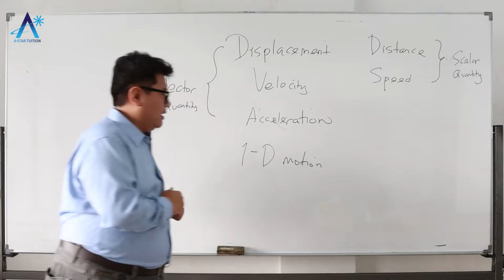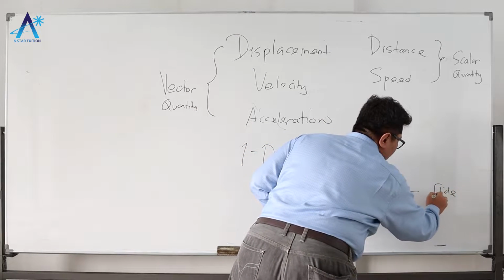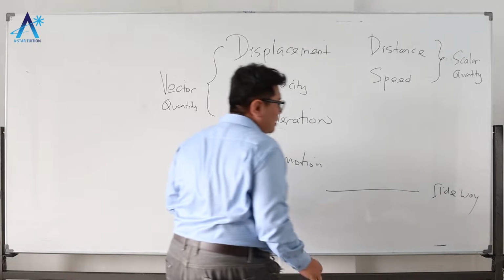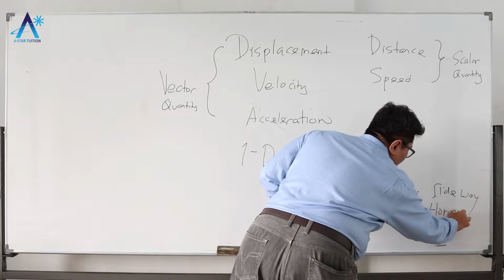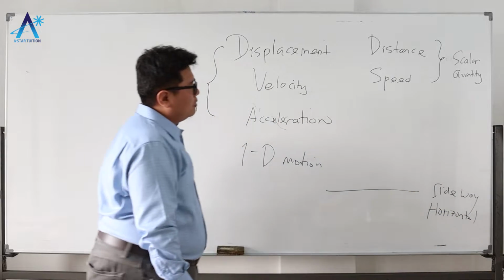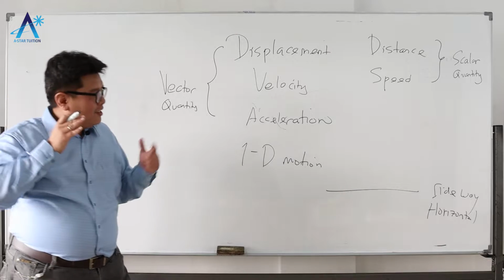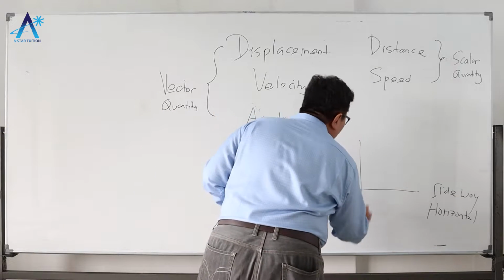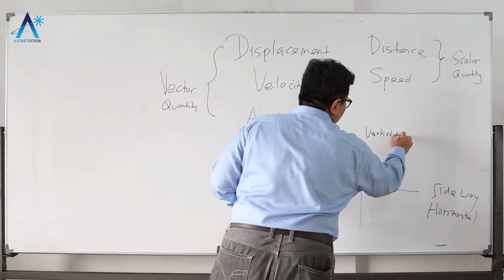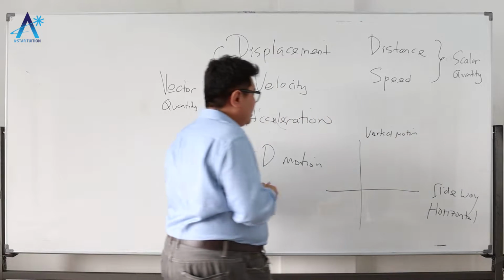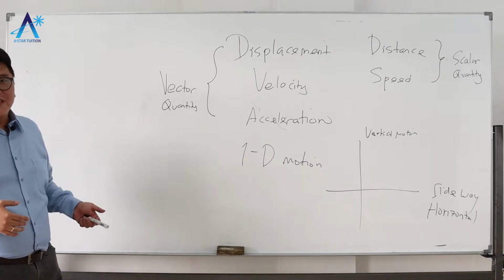For instance, sideway motion, or sometimes we call it horizontal motion. There's also up and down motion, or sometimes we call it vertical motion. So the motion will be restricted to one dimension in this discussion.